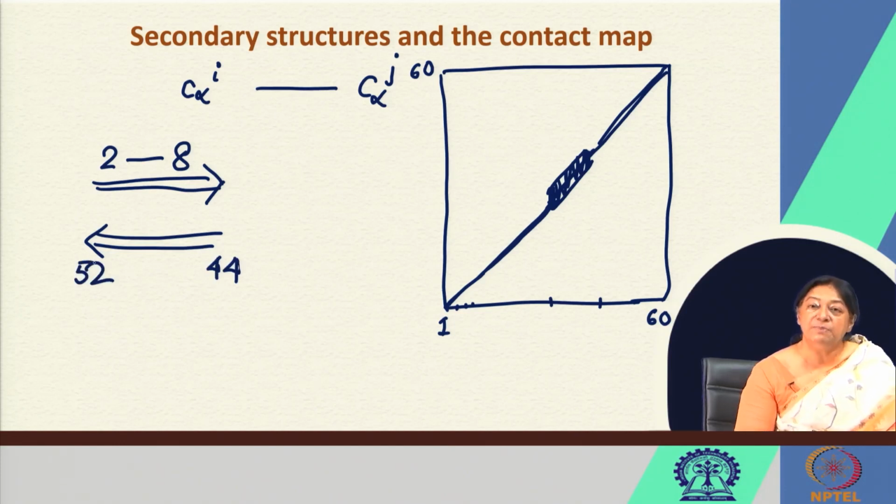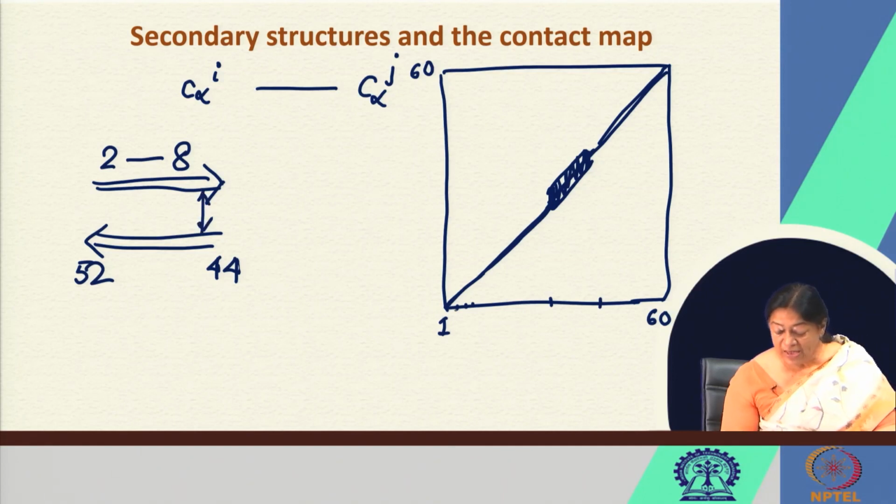We know we have hydrogen bonding patterns between these. Say 8 is close to 44. So, the way I would plot this, I would have 8 somewhere around here, that is close to 44.